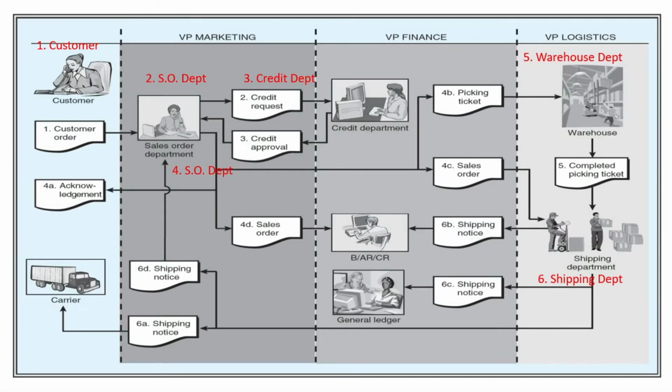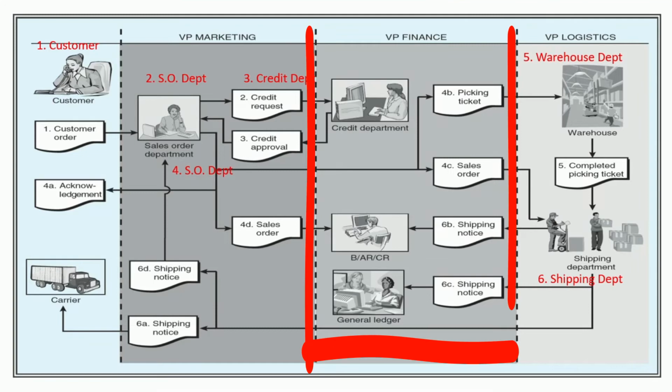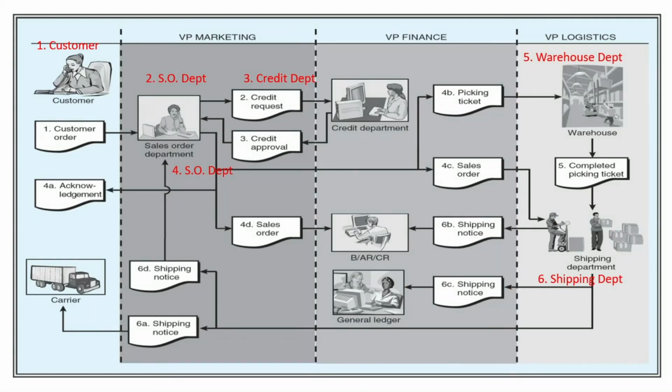So we can see that the information flows across the functional departments in the enterprise. And finally, as a result, when the sales order is approved, the accounts are updated for the sales subledger, and when the goods are shipped, the general ledger and the accounts receivable is updated.